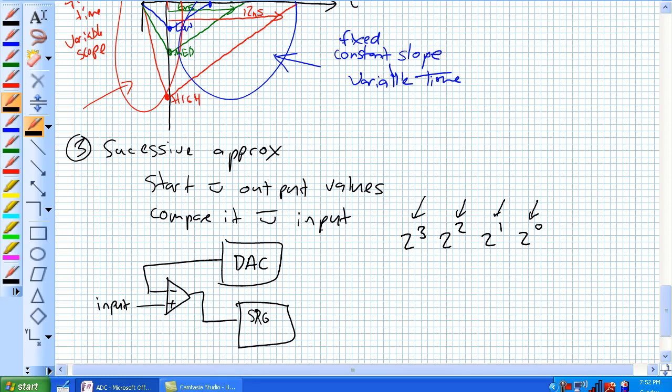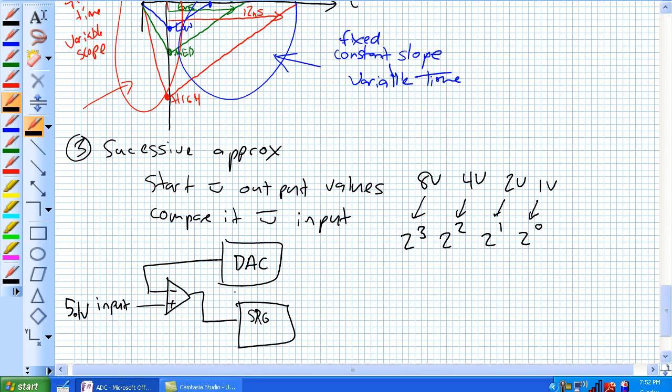Just because we're going to keep it simple, 2 to the 3 is assigned a weight of 8 volts. This one, 4 volts, 2 volts, 1 volt. And what you do, your input, example of the book, is 5.1 volts. You start from the MSB and work your way down.